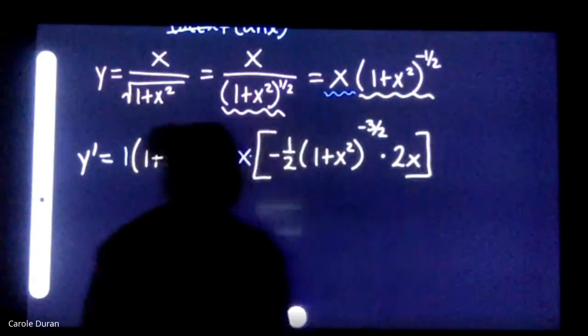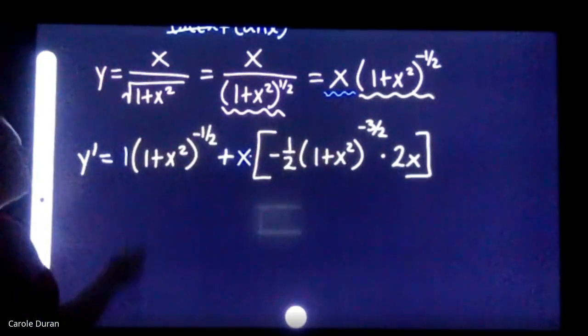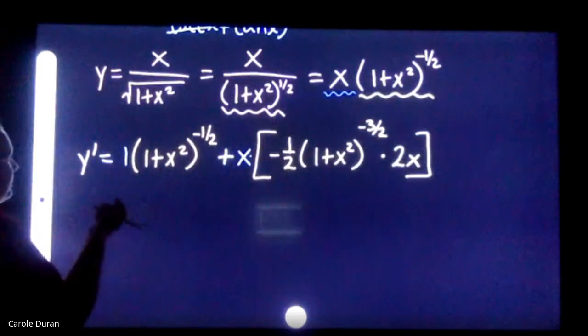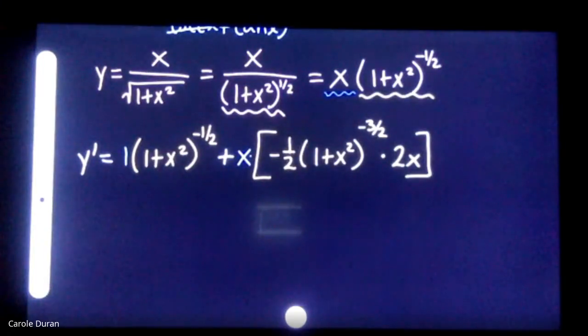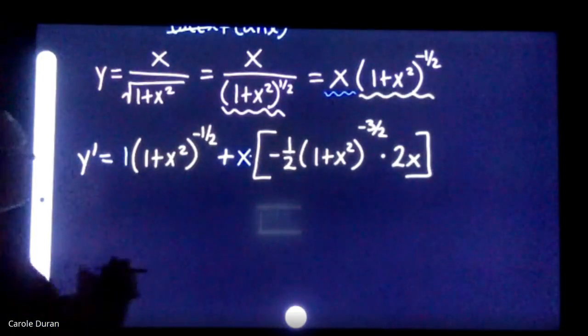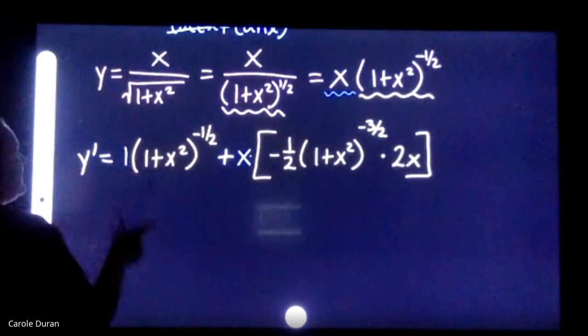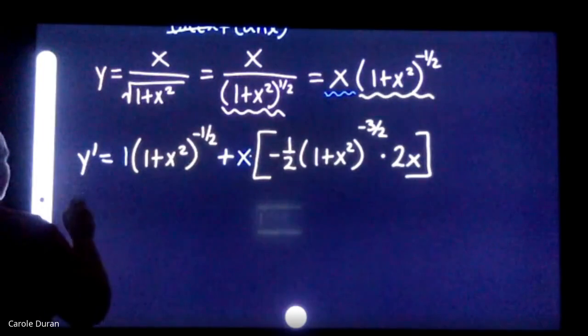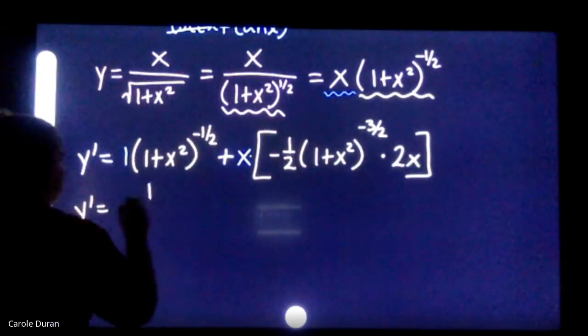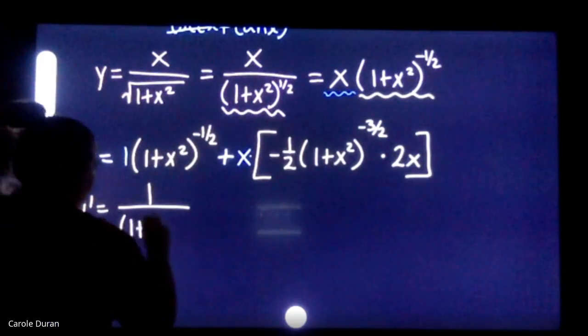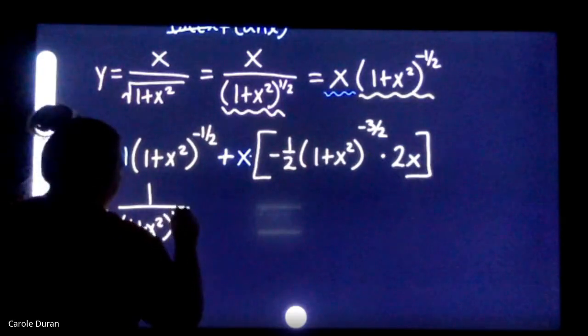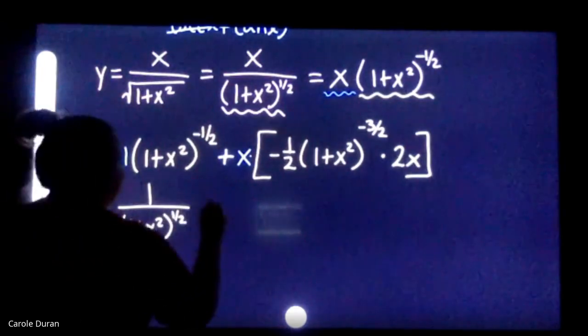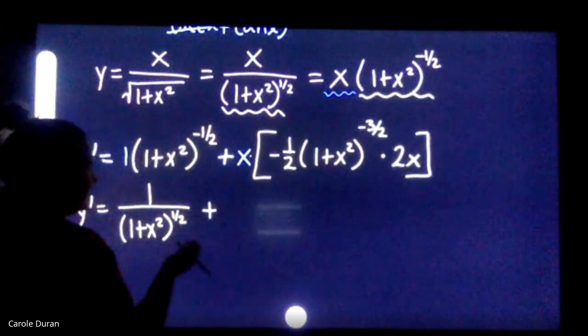And then from here, I can just go ahead and start simplifying. There's nothing I can do on the front for the most part, except rewrite it using a positive exponent. So I'm going to move the 1 plus x squared down to the bottom. So I get 1 over (1 plus x squared) to the 1/2 power, plus, I can put my stragglers together.